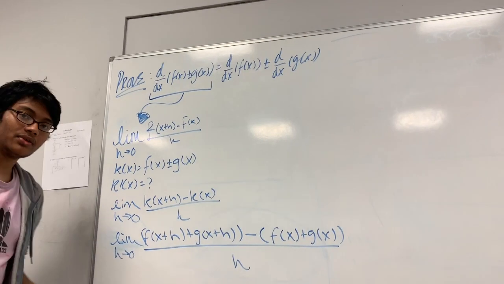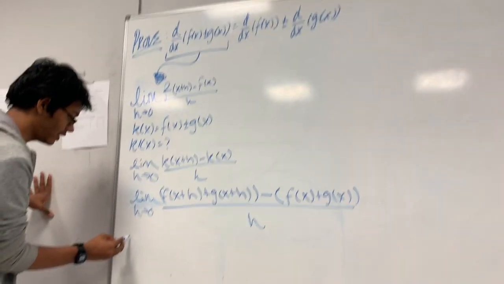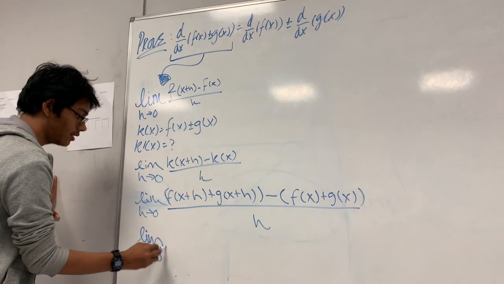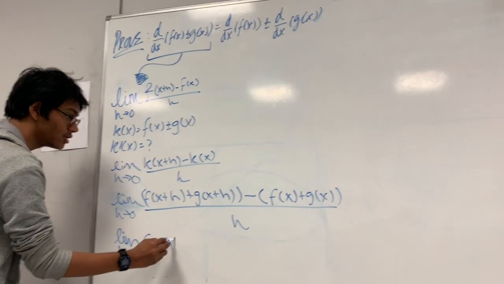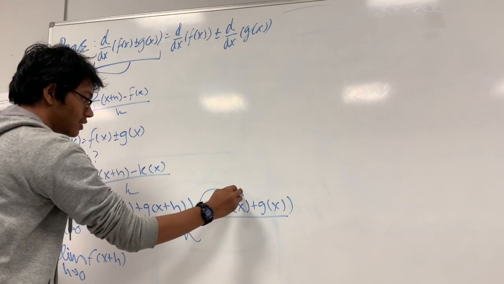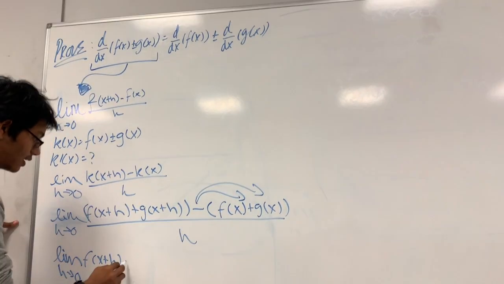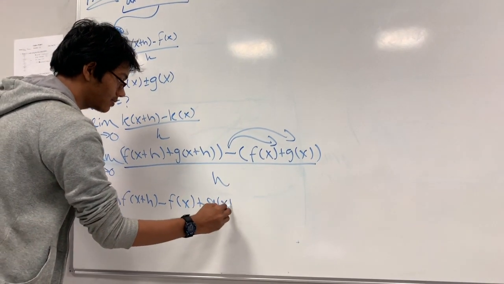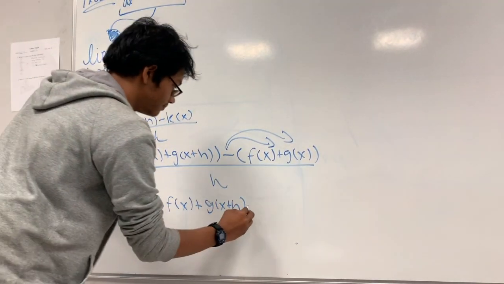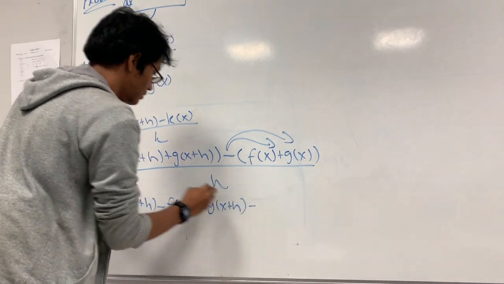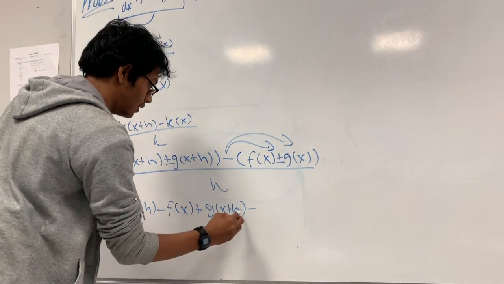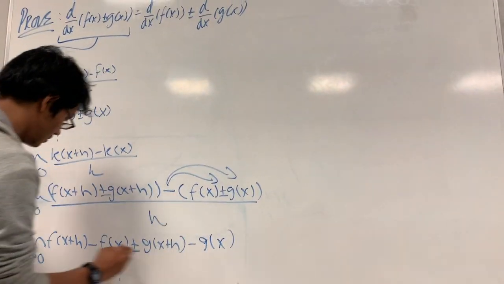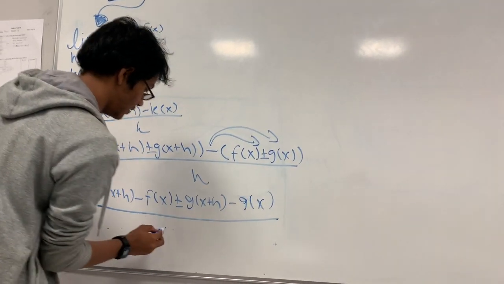Okay, so now all we have to do is simplify, right? Let's simplify this. We have the limit as h approaches 0 of f of x plus h. Let's distribute this negative here, so that we get minus f of x plus g of x plus h minus g of x all over h.